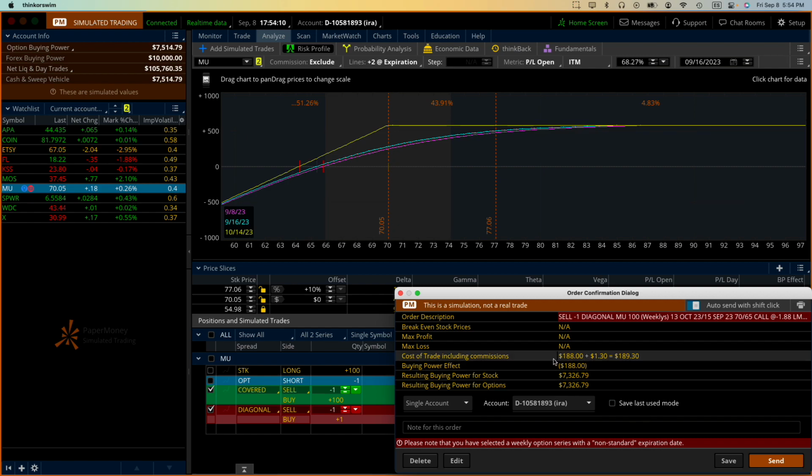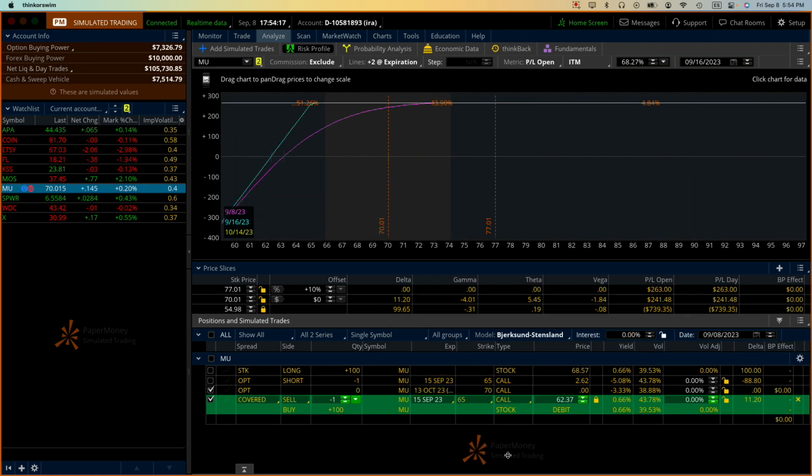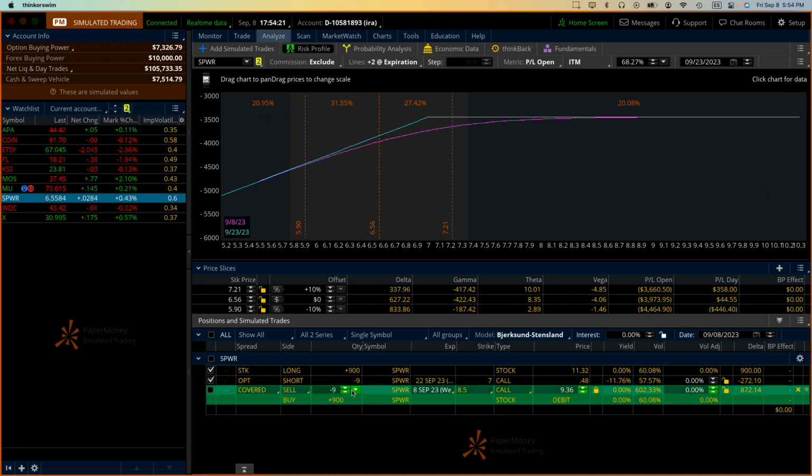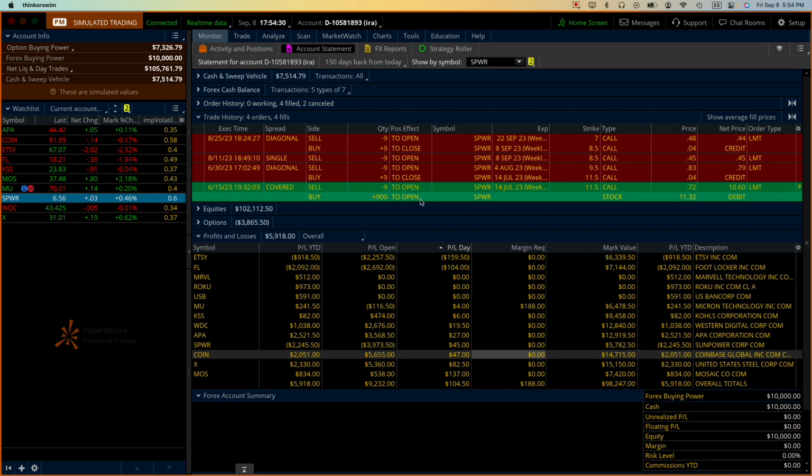Okay, let's do that. $180, $88. October 13. Let's go to SPY. This has been underperforming, and my strike price here is 7. Obviously that's not all of it, so let's do the calculation again.